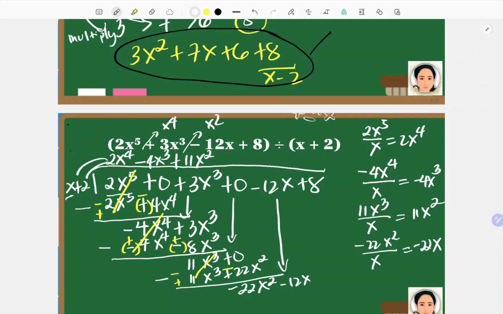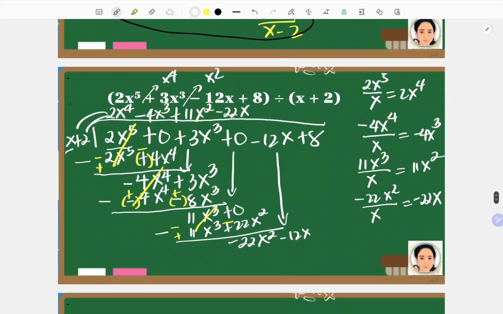So, write your quotient on top. Negative 22x. Then, multiply. Negative 22x times x. Negative 22x squared. Negative 22x times 2. So, negative times positive, your answer is negative 44x.